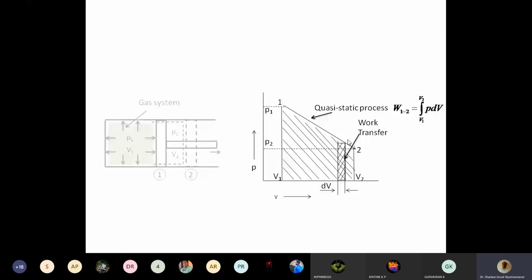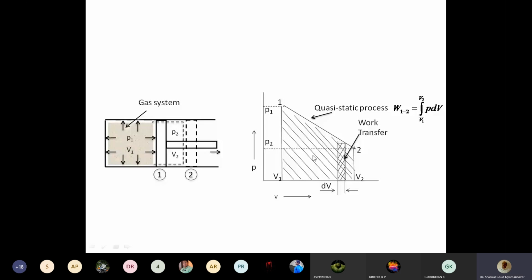The piston moves from position 1 to position 2, and there is work done. We can use this equation, or alternately graphically it is the area under the curve. If I can calculate this area, that will give me the amount of work done.